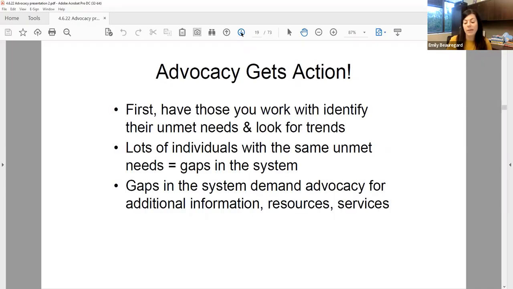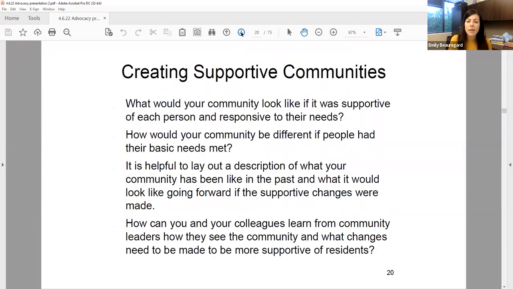And these can be led by local or state governments, by hospitals, by MCOs. There are lots of different kinds of organizations or parts of our government that have advisory councils, and being involved can be another way to have a voice. So let's go to the next slide.